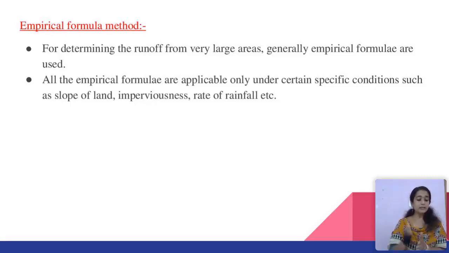All the empirical formulae are applicable only under specific conditions such as slope of land, imperviousness, and rate of rainfall. Depending upon the conditions, we accept different empirical formulas for calculating the quantity of stormwater.